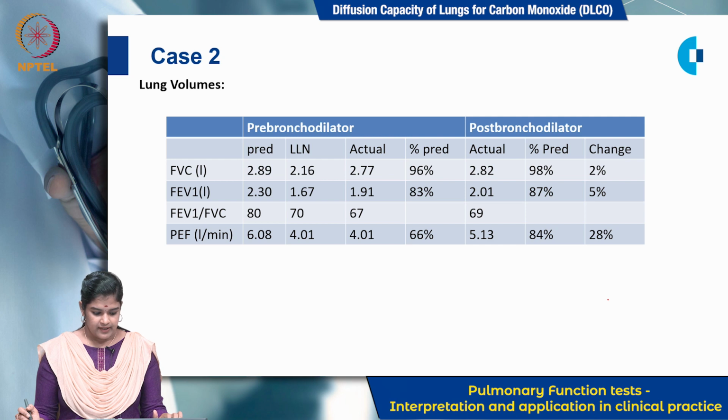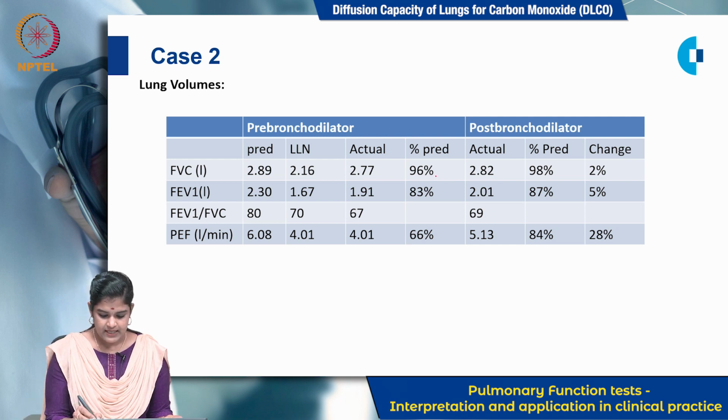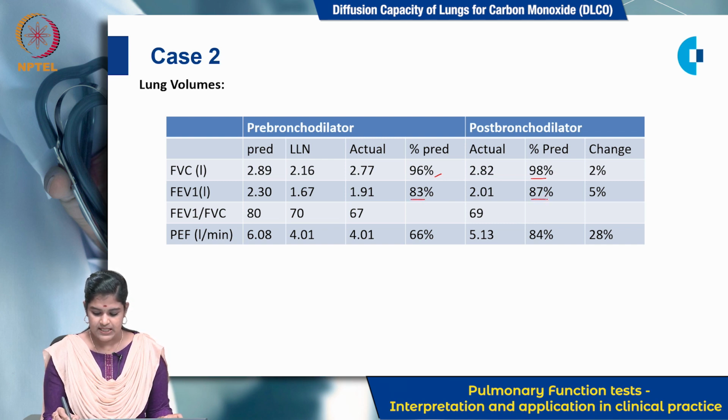Spirometry values are given here. So FVC pre is 96%. Post is 98%, FEV1 pre is 83%, post is 87%. There is no significant bronchodilator reversibility. FEV1 by FVC is 69%.